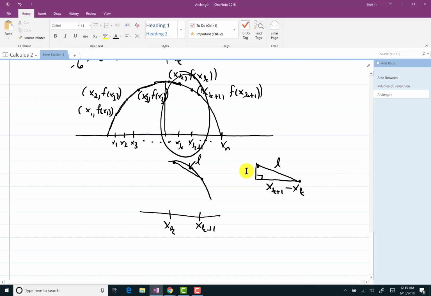And then what would the height difference be here? The higher one in this case is f of xk minus f of xk plus 1.